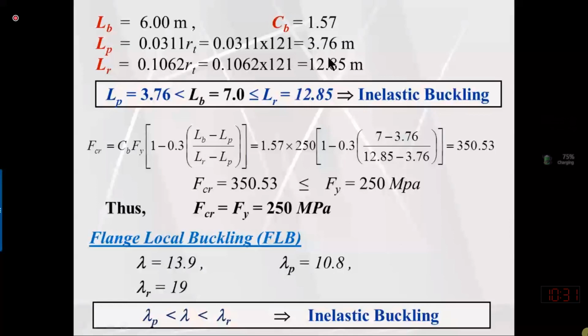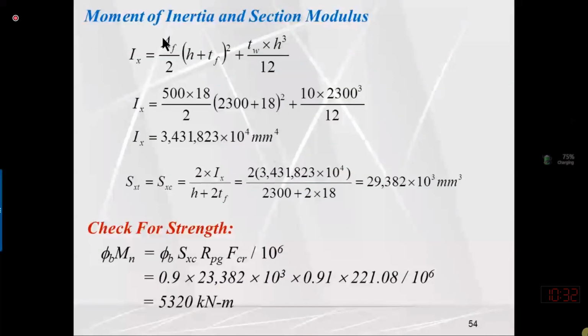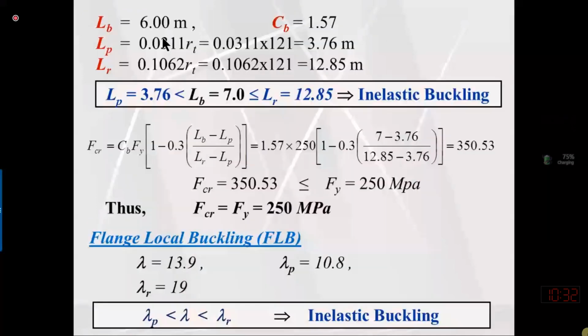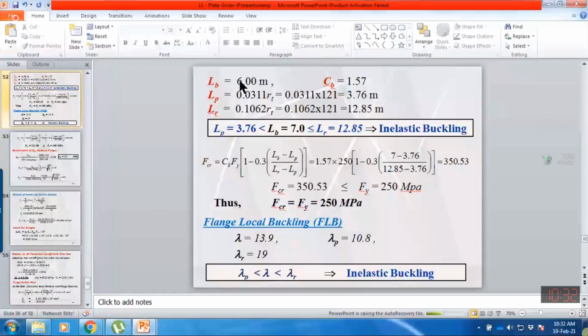So here we need to determine the capacity with reference to all sections. For our inner, central portion, this value is 7. Why 7?